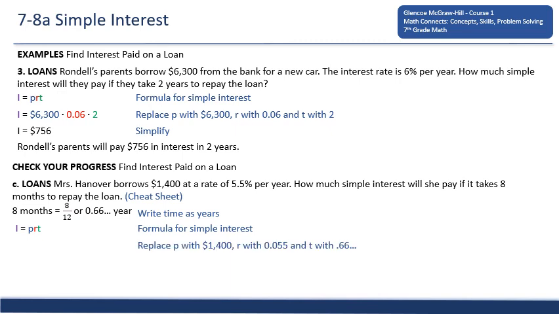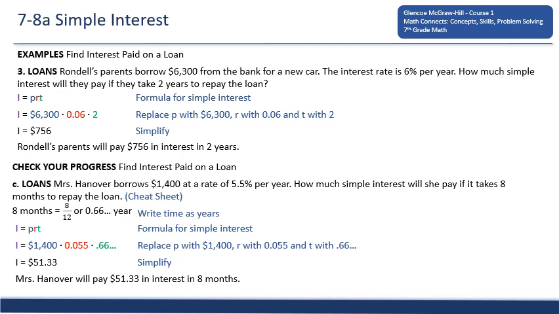We replace the principal with $1,400, the rate with 0.055, which is the decimal for 5.5%, and time with 0.6666 repeating. Then we have interest equals 1,400 times 0.055 times 0.6666666. If we simplify by multiplying, we get $51.33. Mrs. Hanover will pay $51.33 in interest in 8 months.